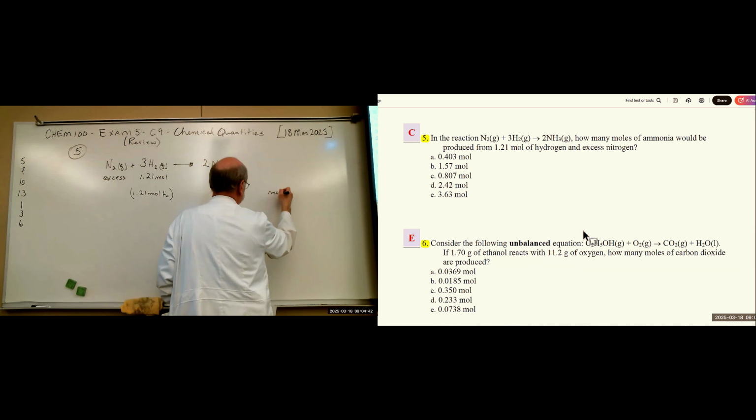That conversion factor is found in the coefficients. So moles of hydrogen, and I leave moles off just for convenience. It's moles divided by moles, so they cancel anyway. And then we want ammonia. So ammonia goes on top, hydrogen goes on the bottom, so we can cancel. And the coefficients, 2 here, 3 here, give us our conversion factor.